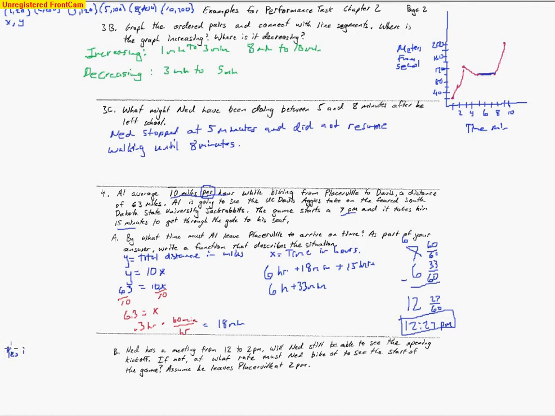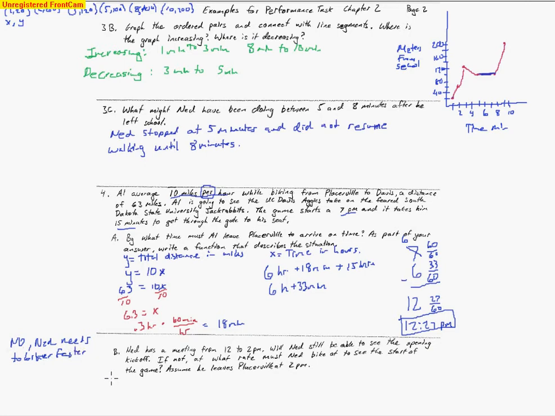They ask, is he going to end up making the opening kickoff? And no, he won't. So Ned needs to bike faster. We will need to find out how much faster Ned needs to bike.